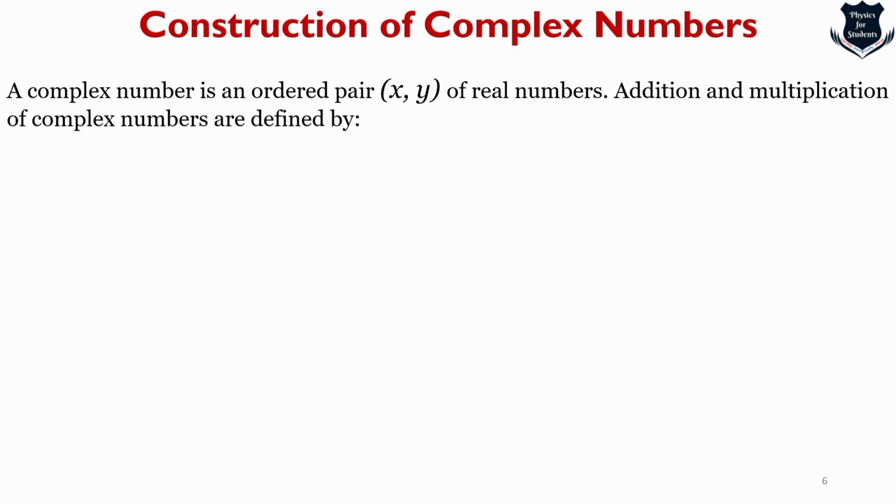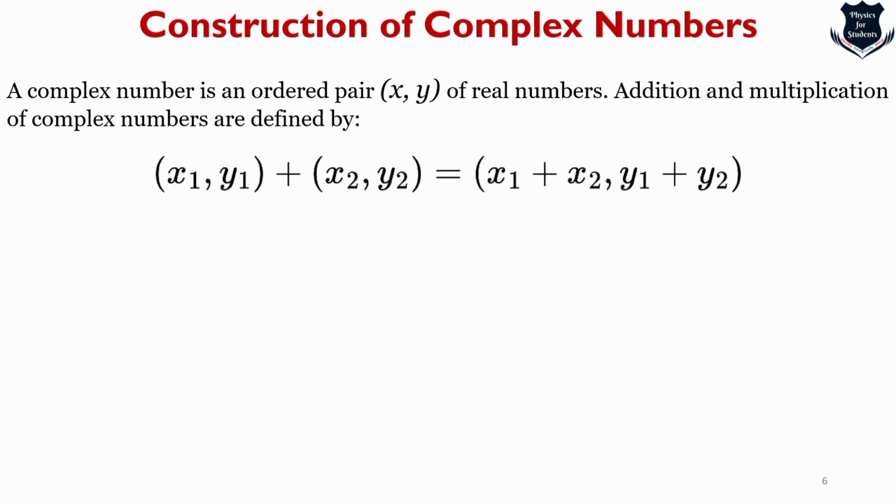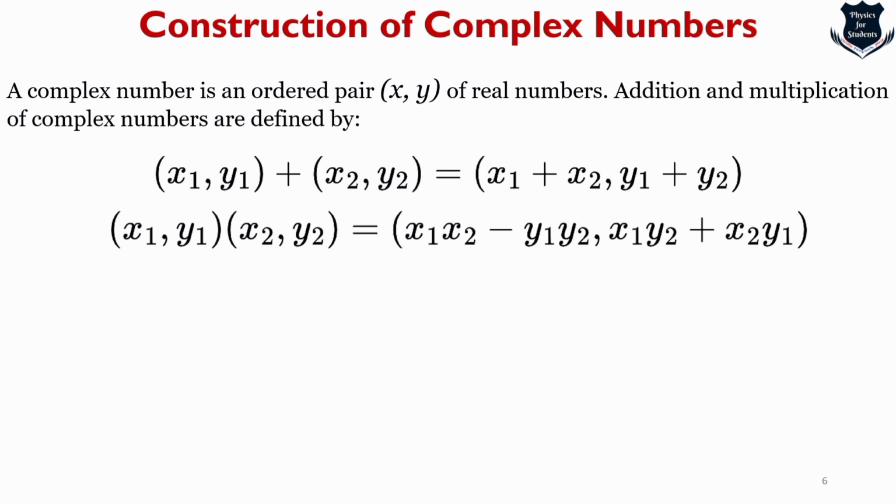Addition and multiplication of complex numbers are defined by these rules. If you're watching this video, you can pause the screen and take a quick note of x1 y1 plus x2 y2, because we are using those two definitions of addition and multiplication further in this video. So it is very important for us to note that.